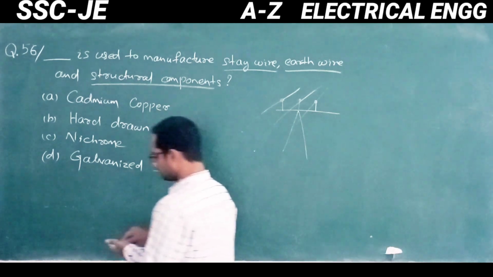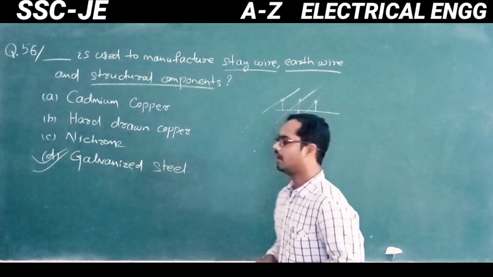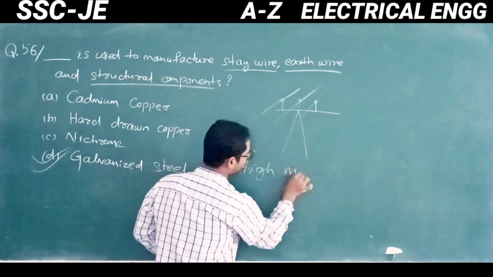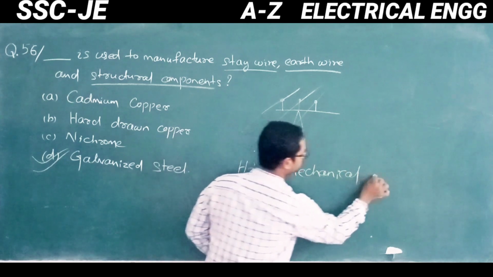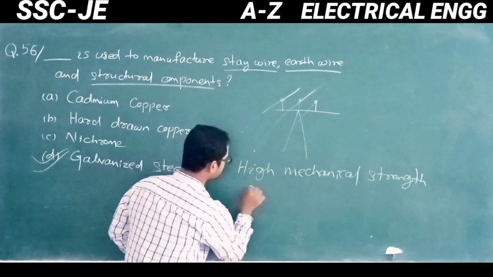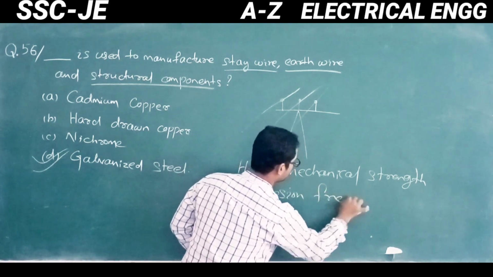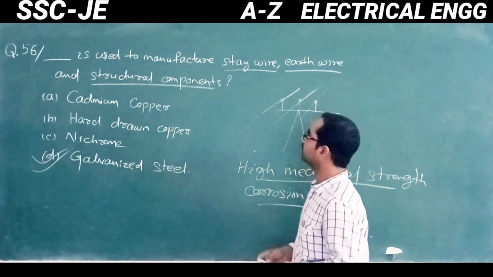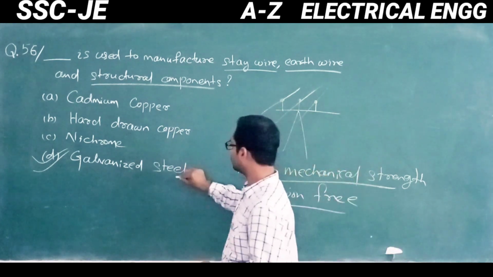So from these 4 options, galvanized steel is the correct option, because galvanized steel has high mechanical strength, and it is corrosion free. Okay. So these 2 properties are very much essential for the manufacturing of these 3 components. So option D is the correct answer.